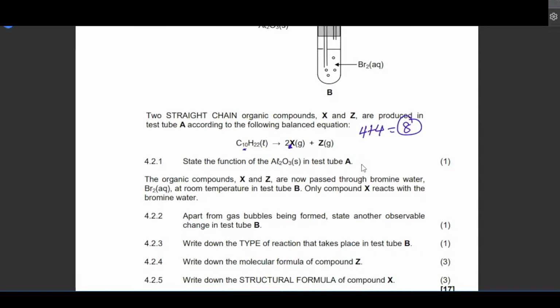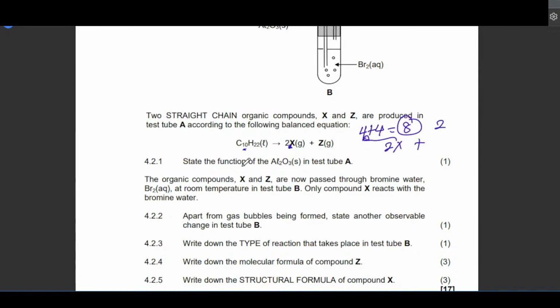That's why I'm saying that X is 4, 2X plus Z. For Z, I'm remaining out of 8 with 2 carbon atoms. So it's going to be 2. I can't say 3, I can't say 5, because the moment I say 5, it's gone.